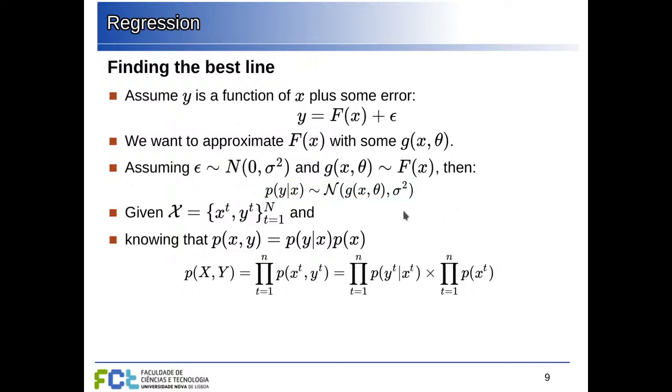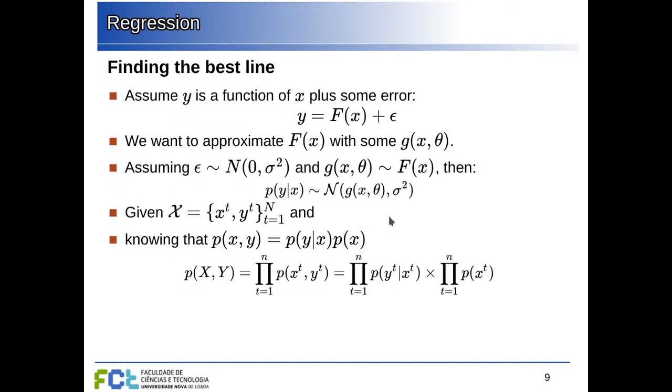So let's assume that we can compute the probability of a point with some x value having that particular y value by estimating that probability from the prediction that we're going to make with our learner.